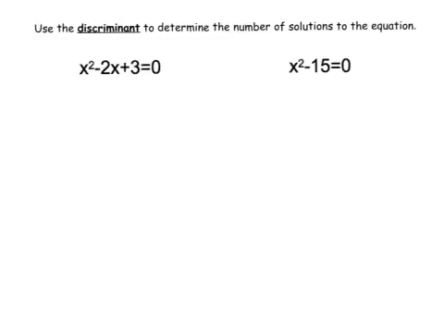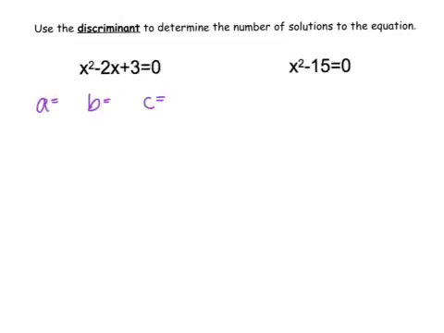So our first examples today ask us to use the discriminant, b squared minus 4ac, to determine the number of solutions we have to the equation. Whenever I start a problem using the discriminant or the quadratic formula, I always start by figuring out what my a, my b, and my c term are.